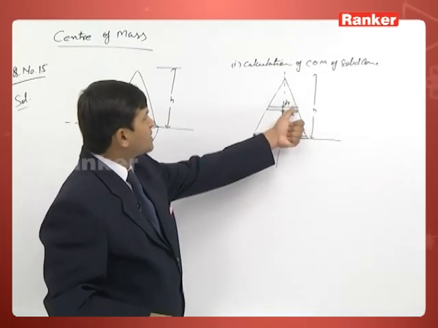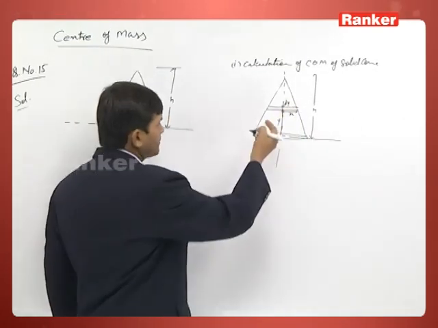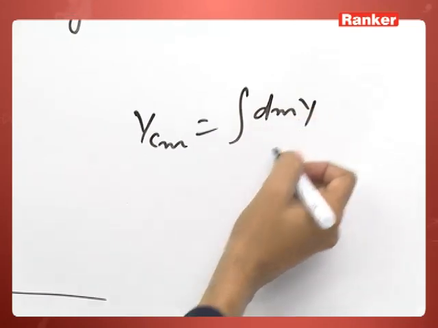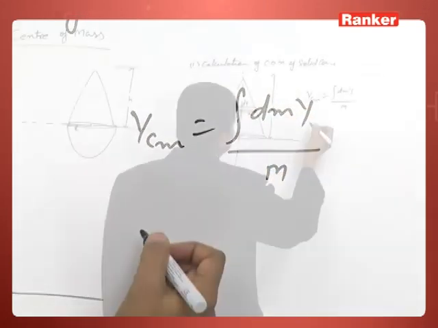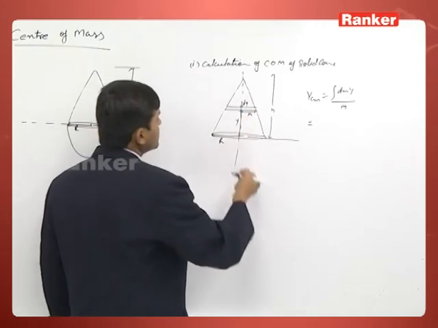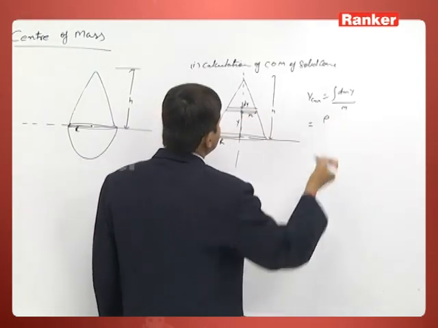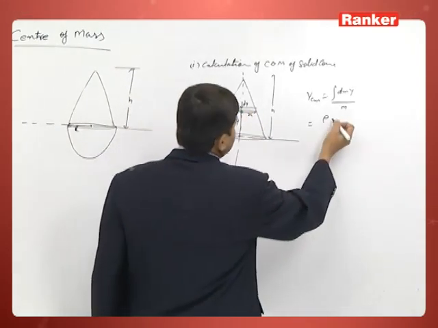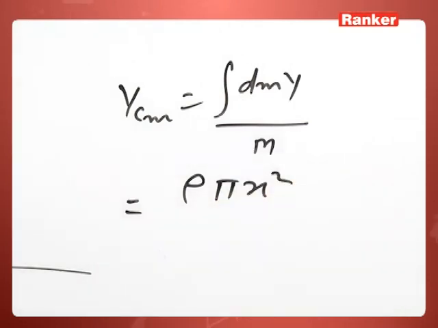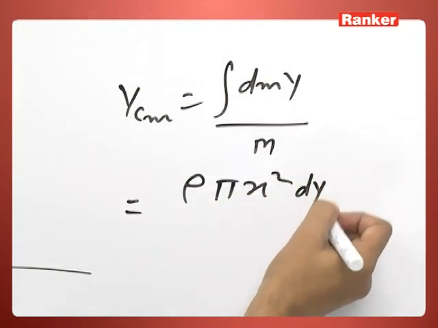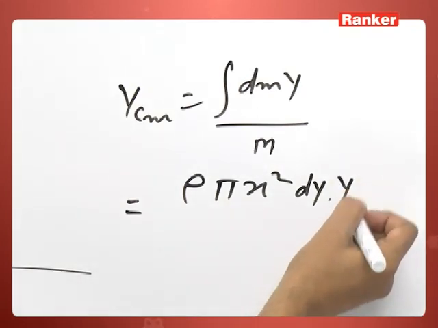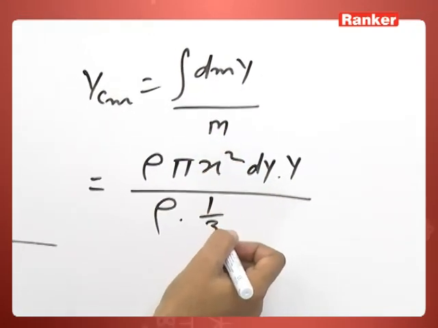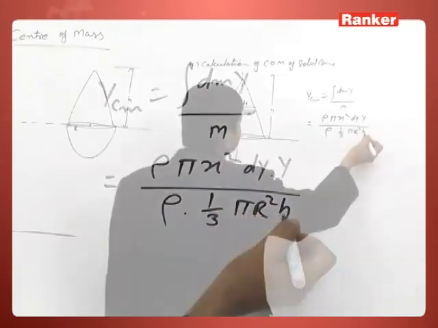So first I would like to calculate the center of mass of this. First of all, YCM is the integral of dm into y by total mass. So dm is the mass of this, meaning mass per unit volume, rho, and the volume of that disc is pi x square into dy, into y, divided by rho into the volume, 1 by 3 pi r square into h.